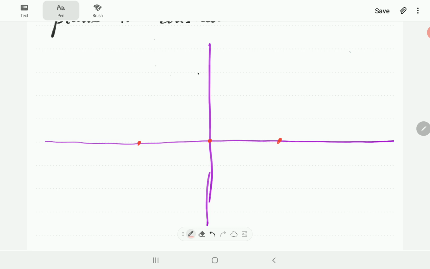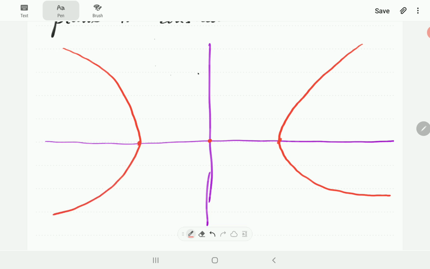Then the graph is going to be shaped something like that. It's going to have two branches.